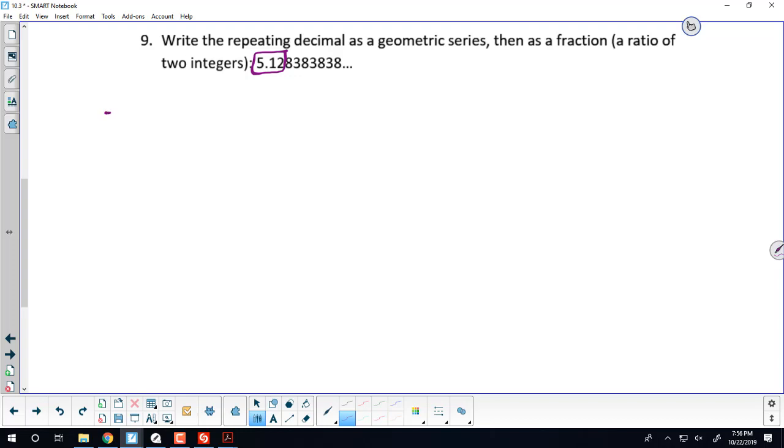So we're going to say that this is equal to 5.12 plus 0.0083 plus, what else? Just write a couple of these terms out. 0.000083 for that.